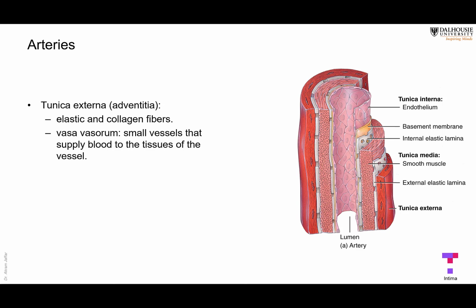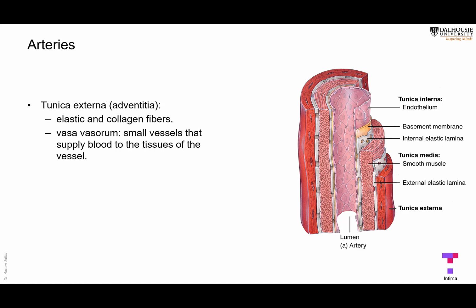And then the tunica externa, or adventitia, which is the outer coat, consists of connective tissue containing, again, collagen and elastic fibers, but more collagen fibers, less elastic fibers, as well as small blood vessels of the blood vessels. They call them vasa vasorum, because here it is the same story as in the heart. The blood inside the blood vessel cannot nourish the entire thickness of the blood vessel, especially in large arteries, like, for example, the aorta and the pulmonary trunk.